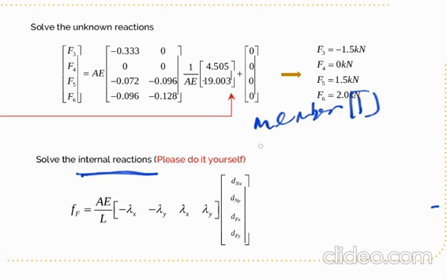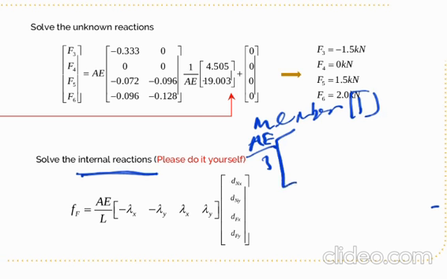AE is constant over L. L is 3. You can go to slide number 2 or 3.